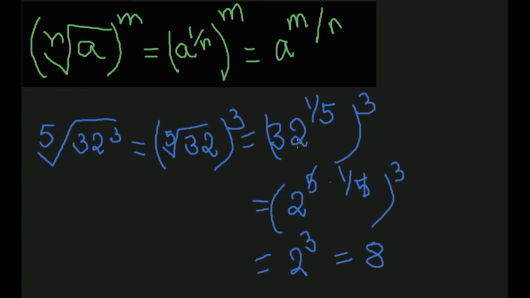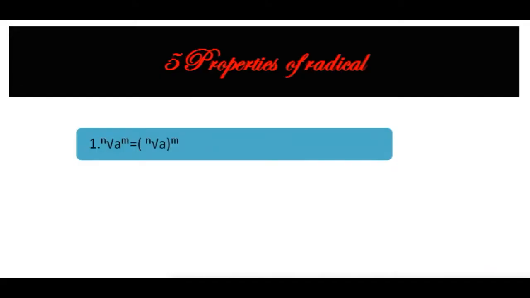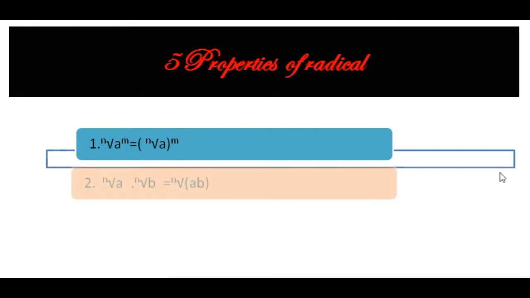Now let's come to the second property. The second property is nth root of a into nth root of b is equal to nth root of ab. It means if the index is the same, the value of n is the same, then we can write both in a single root. So let's understand with an example.